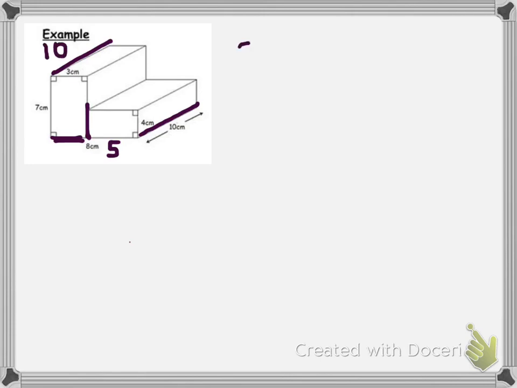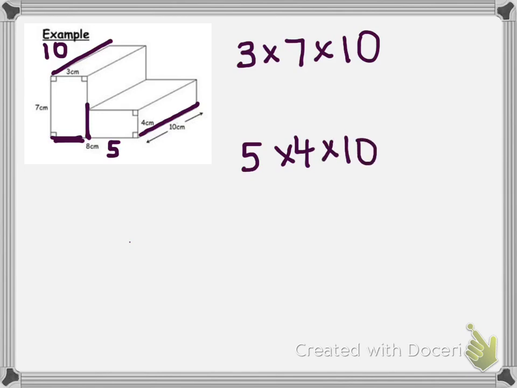The shape on the left is 3 times 7 times 10. The shape on the right is 5 times 4 times 10. So 3 times 7 is 21 times 10 just means I add a 0, so 210. 5 times 4 is 20. 20 times 10, again, I add a 0, so it's 200.